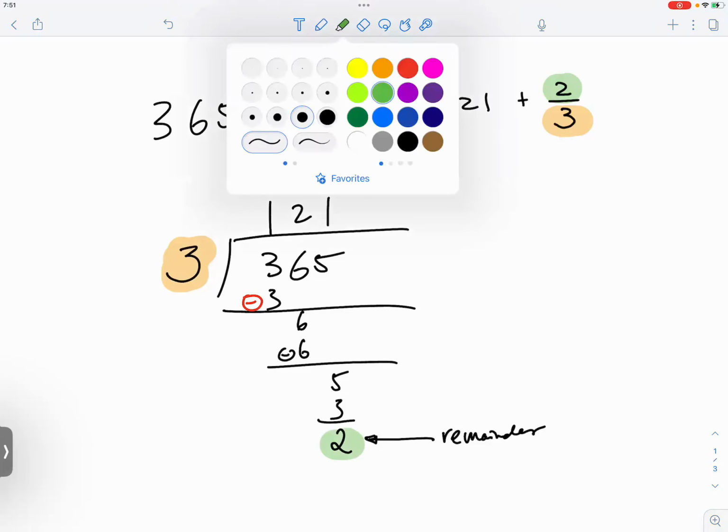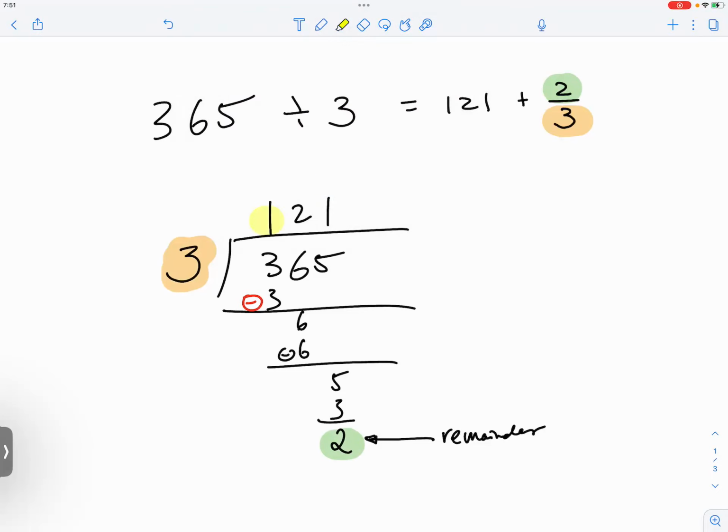And what do we call the 121? The quotient, okay? I want to make sure that everything is well defined. So we have this as a divisor, and this is a dividend.